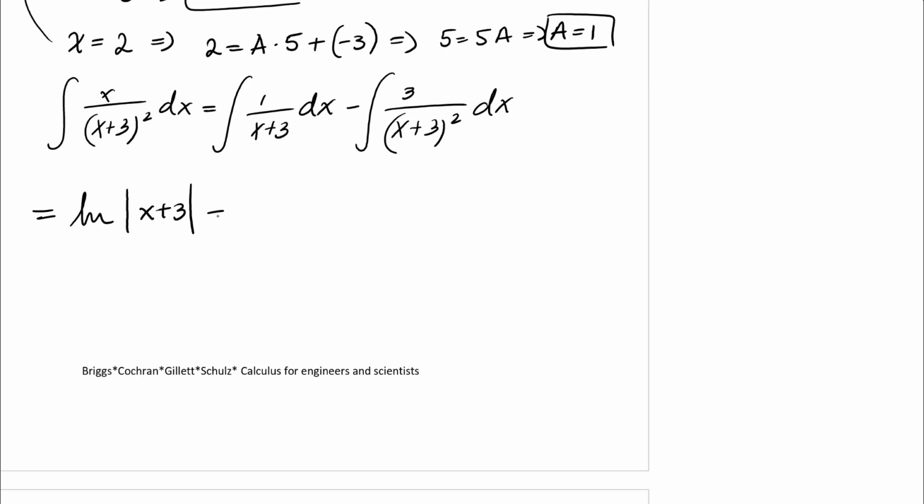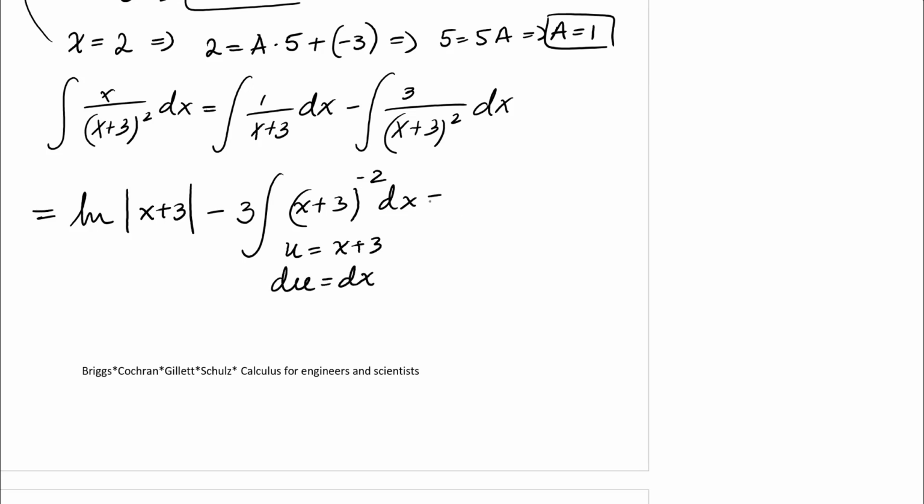The second one I can write as minus 3 times the integral of (x plus 3) to the negative 2 dx. So I can use a substitution, u equals x plus 3, du equals dx. So I'm just going to copy what I got, minus 3 times the integral of u to the negative 2 du, which is a basic formula.